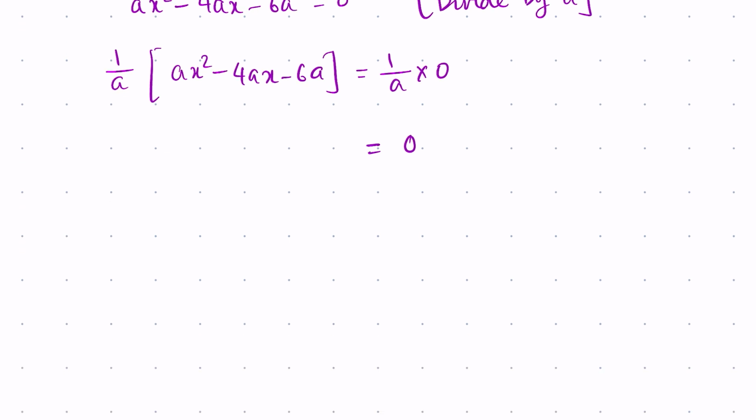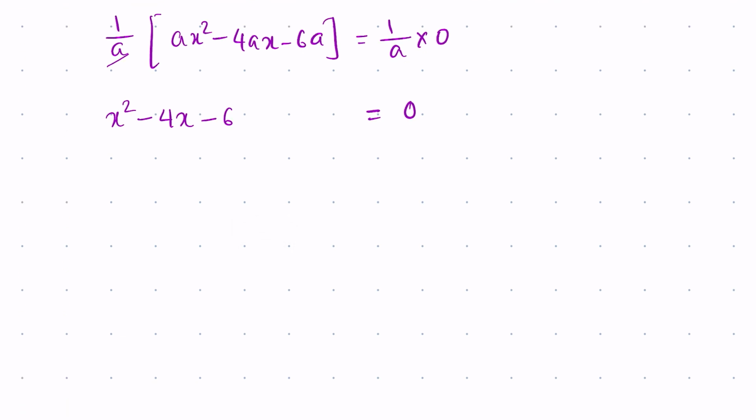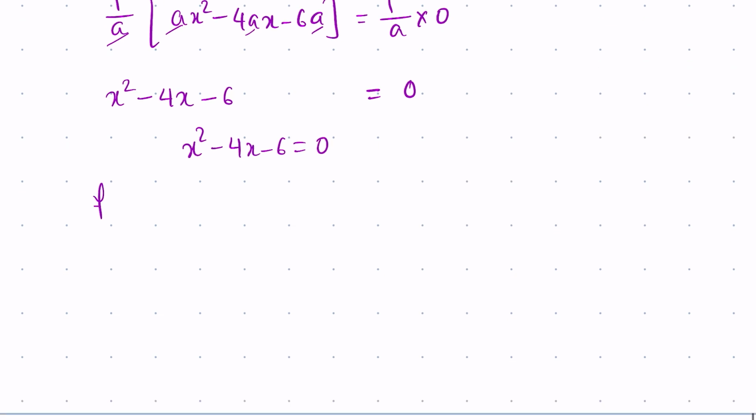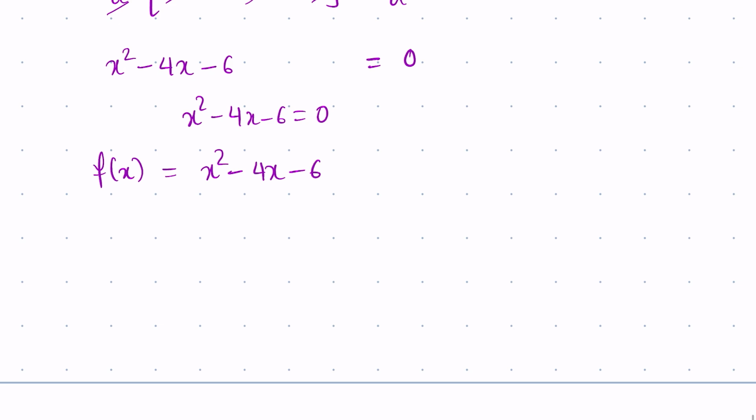The left hand side becomes x squared minus 4x minus 6, because the a cancels out the a inside the parenthesis. So the equation is of the form x squared minus 4x minus 6 is equal to 0. Therefore, the polynomial f of x is nothing but x squared minus 4x minus 6. That's our answer.